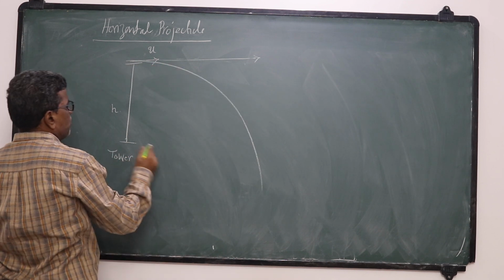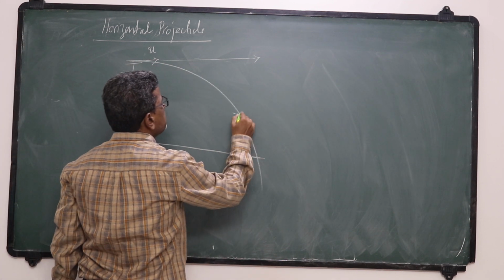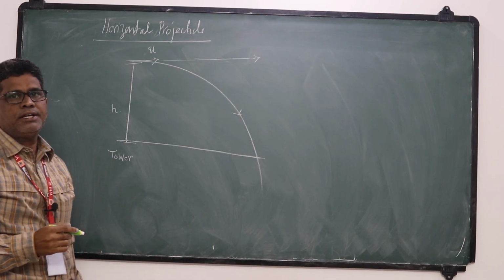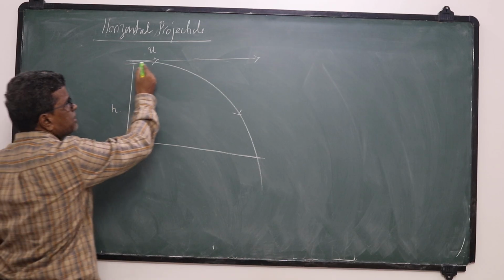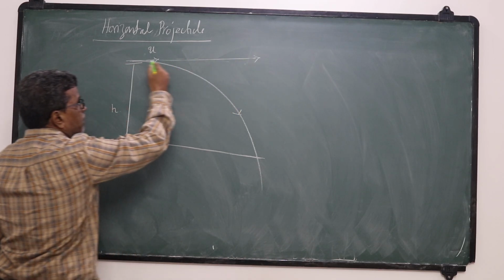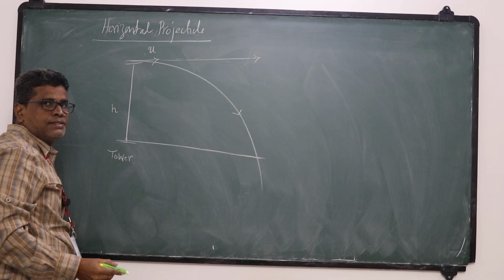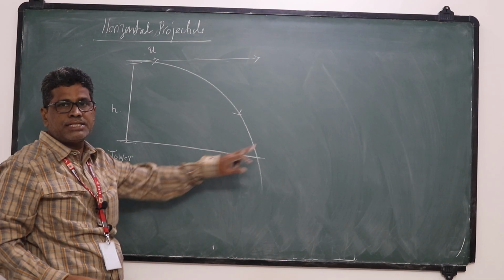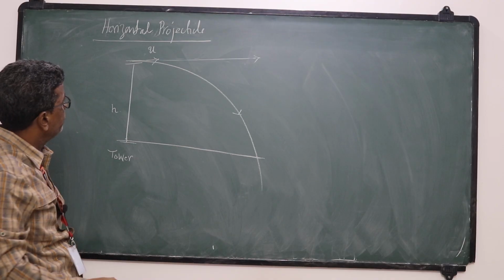Why? Because it takes a parabolic path because of gravity. So if you project like this, the velocity gradually increases because of gravity and it strikes the ground with the maximum speed.